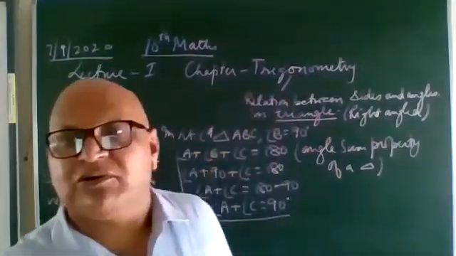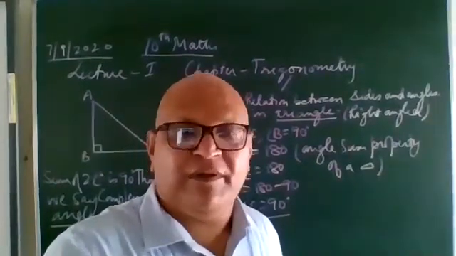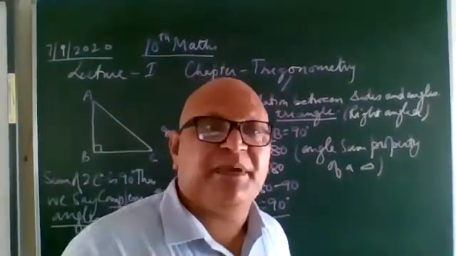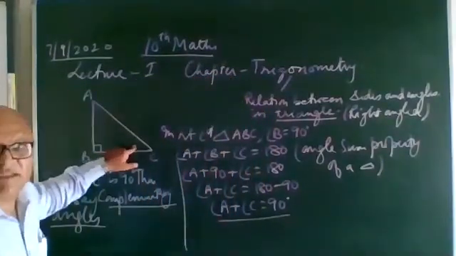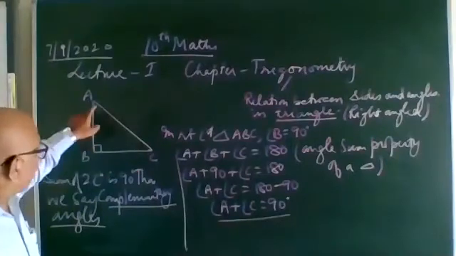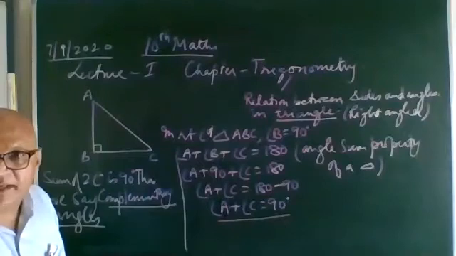When we talk about the sum of two angles being 90 degree, here we are talking about A and C. Both A and C are acute angles.